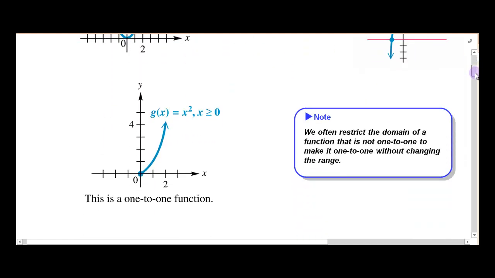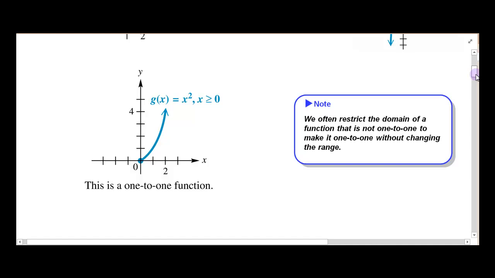And in math, a lot of times, we can manipulate or restrict what we're doing so we can force a function to be one-to-one. So here I have just a portion of that quadratic graph. Notice that it passes the vertical line test, so it is a function.